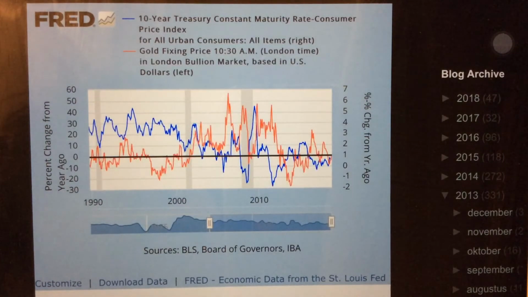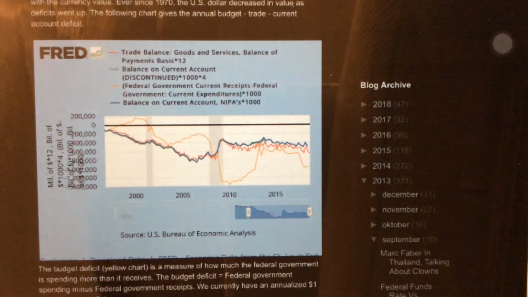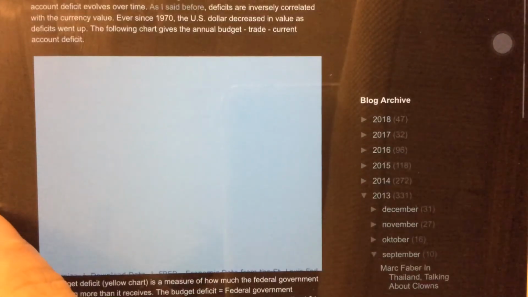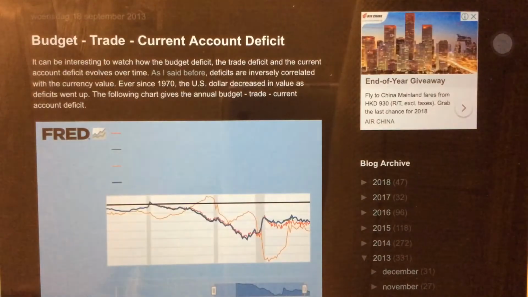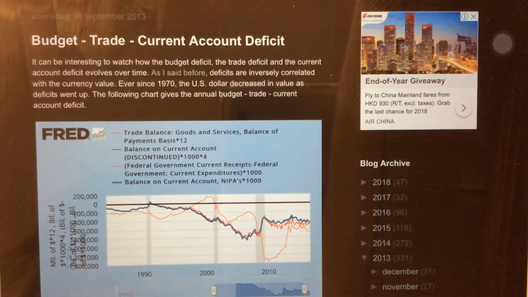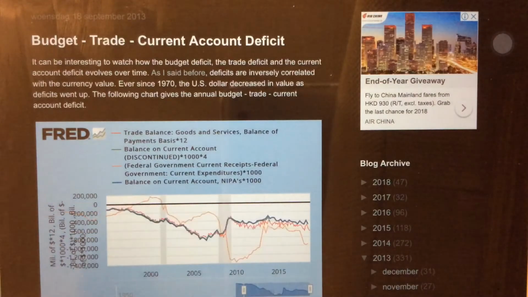And let's go over to the last indicator, which is the trade deficit. The latest trade deficit numbers from October were, well, pretty good for gold, because you can see this small blip here going down, which means the trade deficit has been going up.